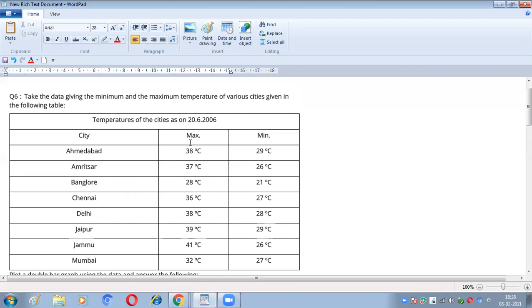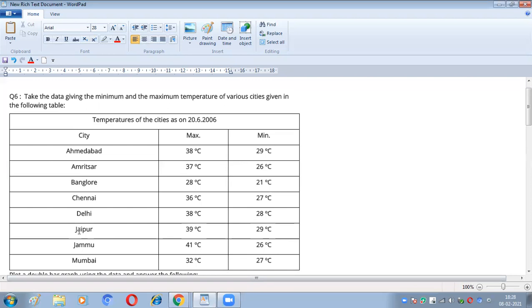The maximum temperature of Bangalore is less than the minimum temperature of two cities. Which are the two cities? In this data, 29 is the highest minimum. So 28 is lower than 29, right?